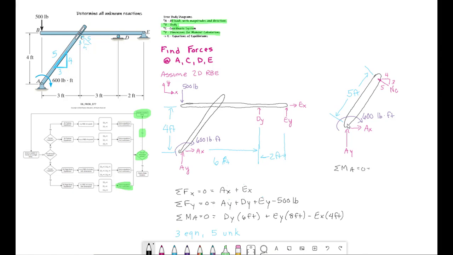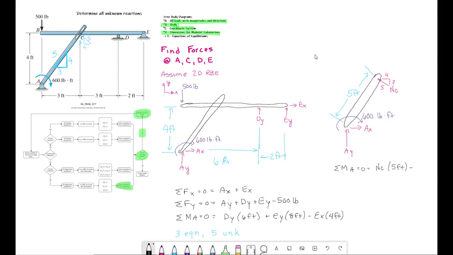So if I'm summing moments about A, I have a positive moment due to the normal force at C multiplied by 5 feet. And then AX, AY do not cause any rotation around A, so it's just the applied moment. So that's clockwise or negative.